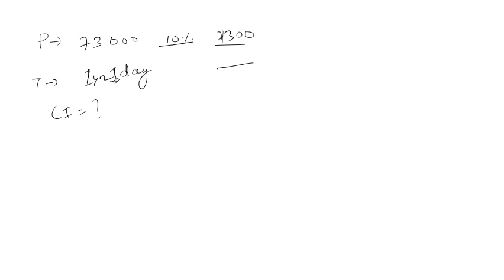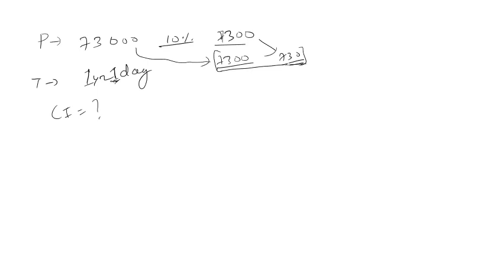Let's find the second year. Second year's interest would be 10% of principal, that is 7,300, then 10% of the interest. 10% of the interest is how much? That is 730. So this part is second year's compound interest, right?